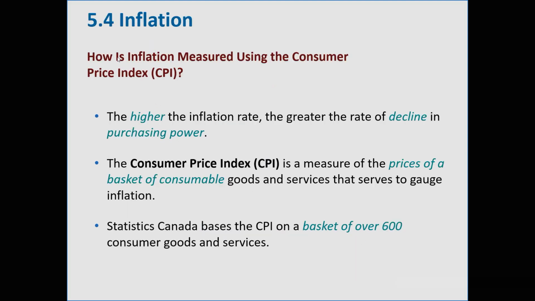So how is inflation measured using CPI or consumer price index? The higher the inflation rate, the greater the rate of decline in purchasing power. What do we mean by purchasing power? You are simply looking at how much a dollar can buy at a given period of time. So let's say 10 years ago, with $1, you could buy one sushi.